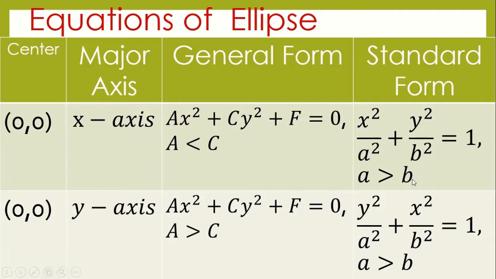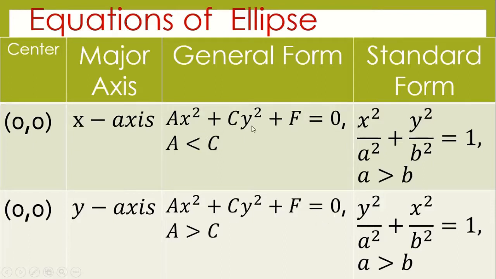Okay? Now, if the center of the ellipse is located at the origin and the major axis is along the y-axis, so ibig sabihin, nakatayo yung ating ellipse, the equivalent general equation or form of an ellipse is ax squared plus cy squared plus f equals 0.